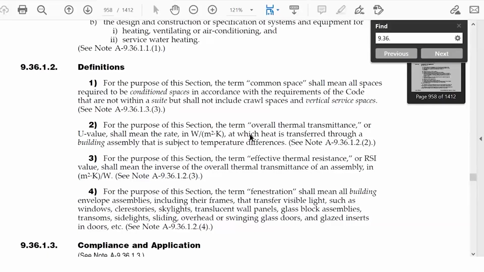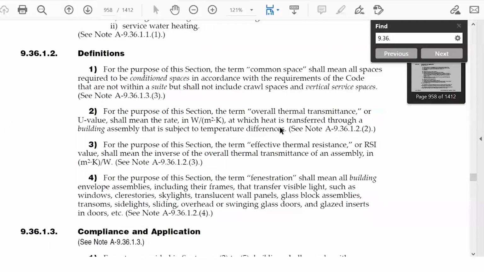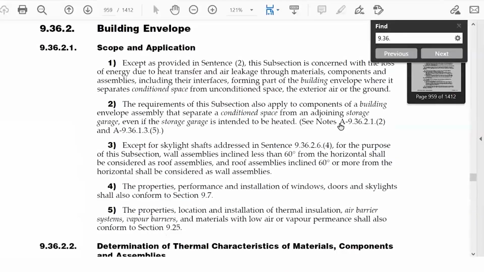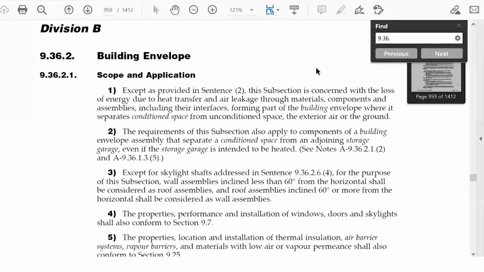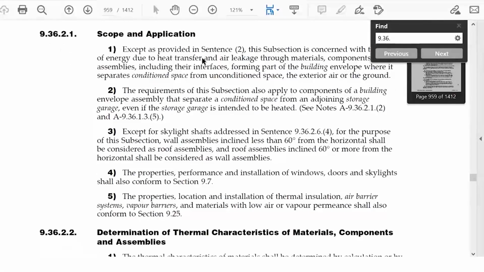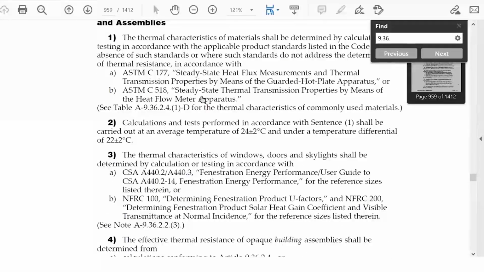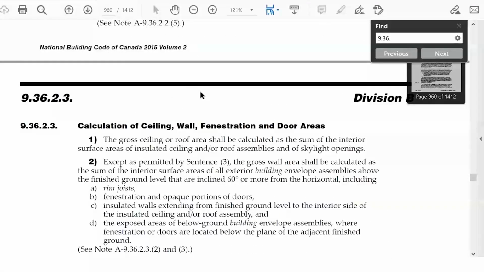So we've looked at definitions. We looked at compliance and applications, scope and applications. This section covers the building envelope. So we look at the building envelopes, we look at 936.2. This is just general sections.